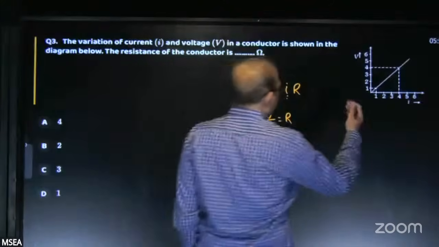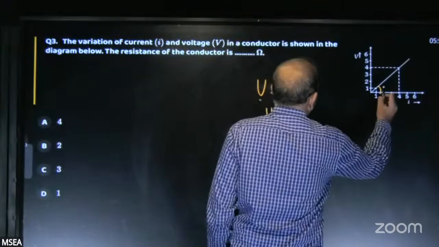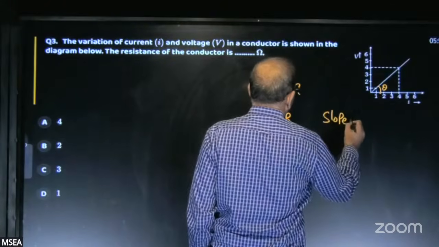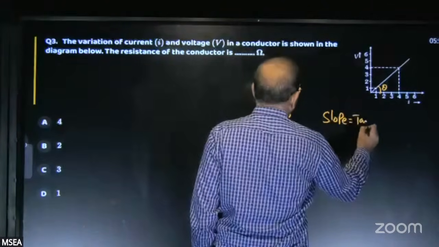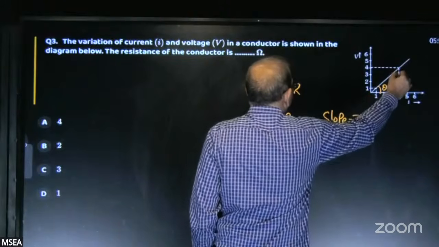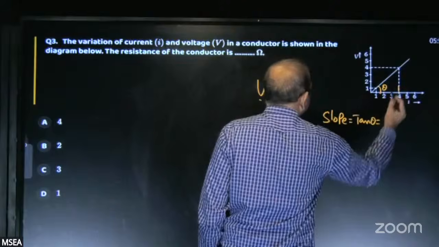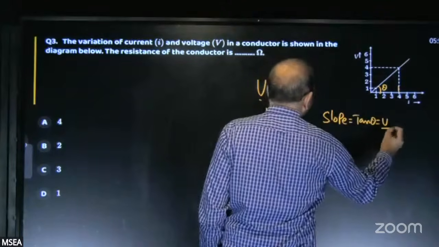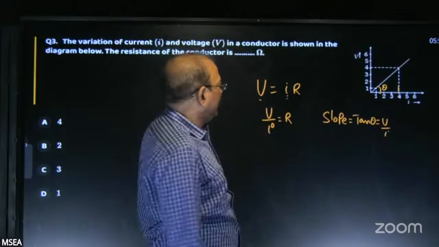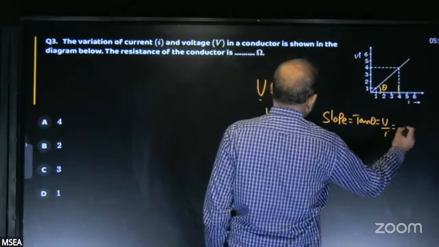A very easy problem this is. Suppose this angle is theta, the slope of this graph, tan theta, must be this V by I. V by I is nothing but resistance only.